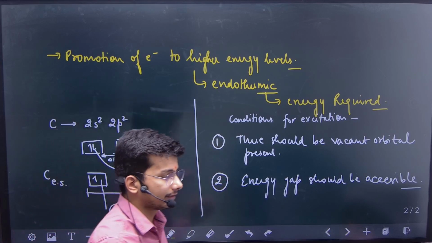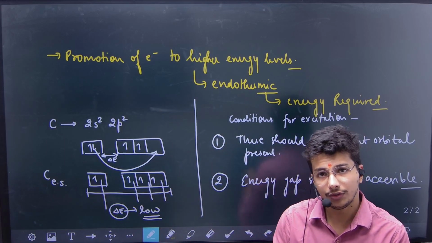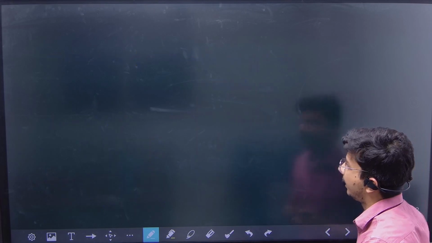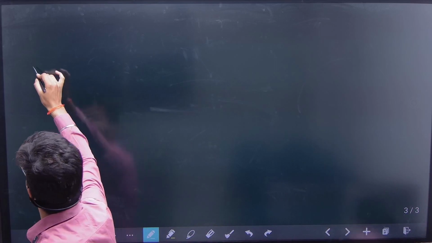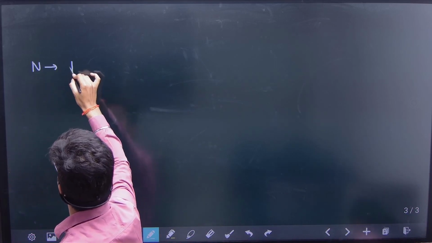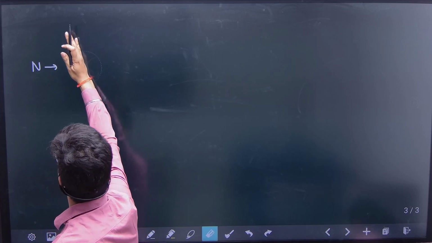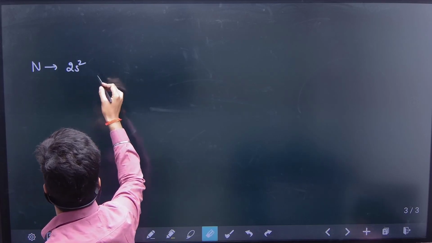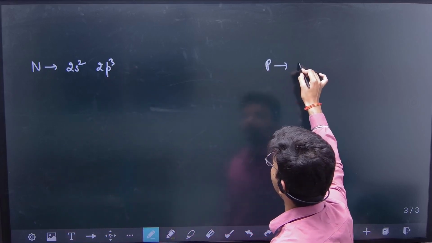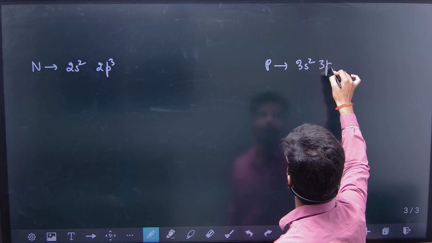Now let's take the example of nitrogen and phosphorus, for which we are going to understand how or why 5 bonds can or cannot form. This is the valence shell electronic configuration of nitrogen: 2s2 and 2p3, and for phosphorus it is 3s2 and 3p3.